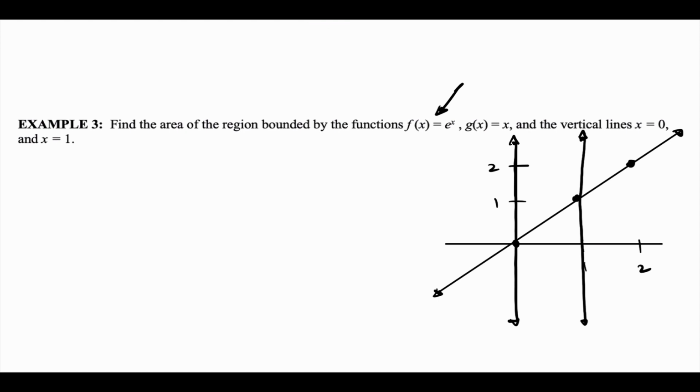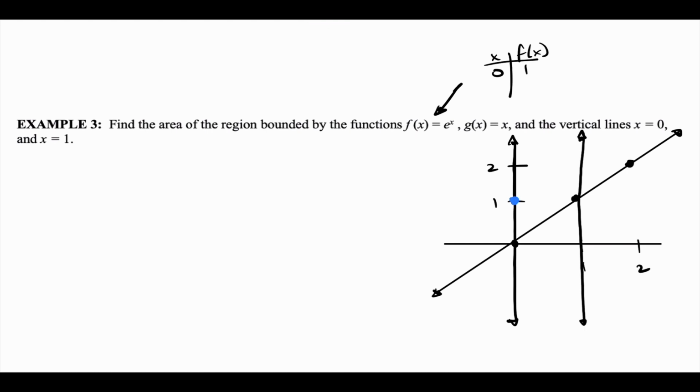Okay, e to the x. This is a very tight space, so I don't have to get a lot of points. But one of the points I have to get is for 0. When I plug in 0 for f of x, what do I get? 1. Actually, let me use a different color, so all of these are kind of blended in. When I plug in 1 to f of x, what do I get?